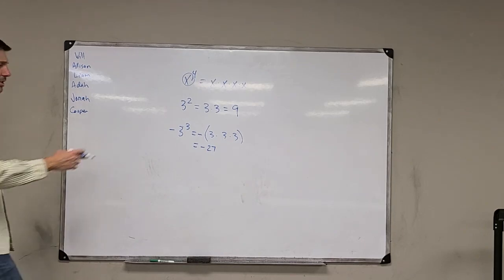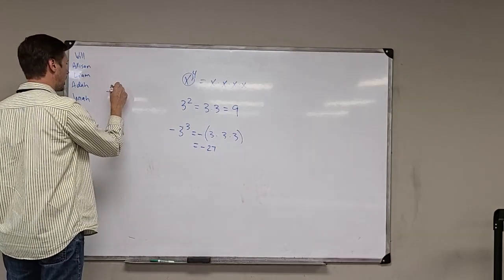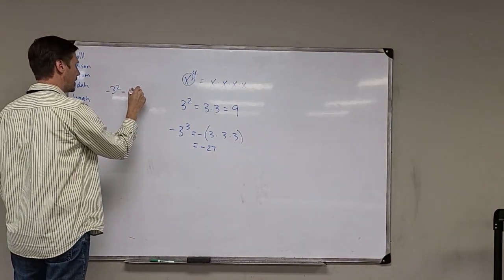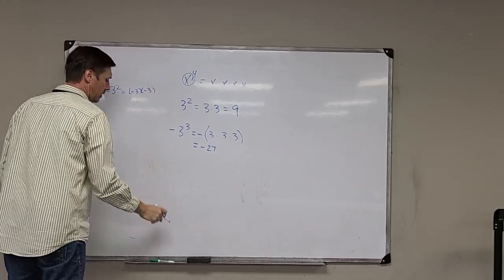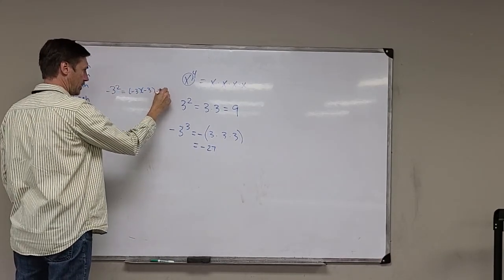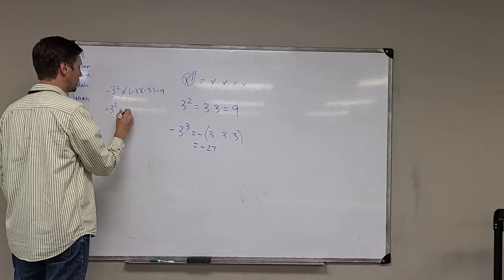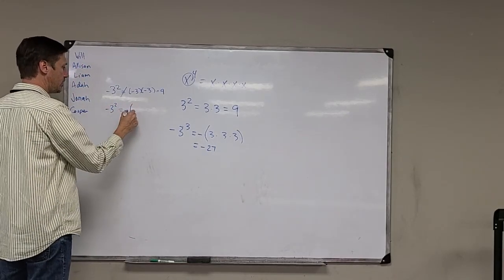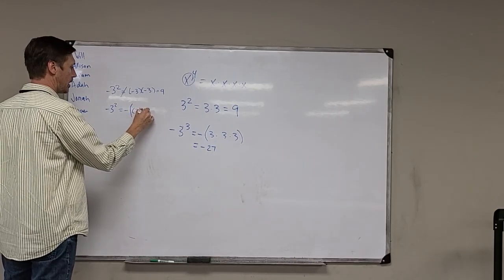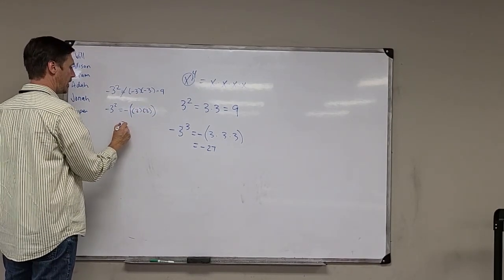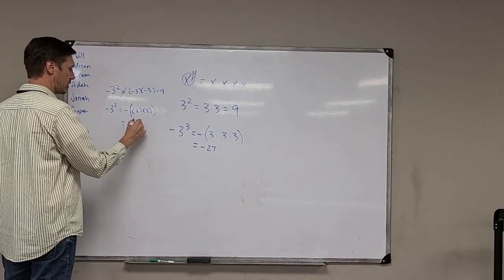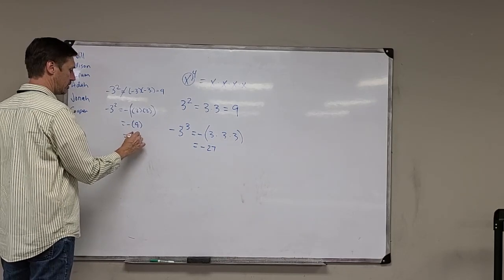Where that really matters is in a case like -3 squared. That is not -3 times -3, which would give us +9. It's not that. -3 squared equals a negative in the front, and then 3 times 3, which equals a negative times 9, which is just -9.